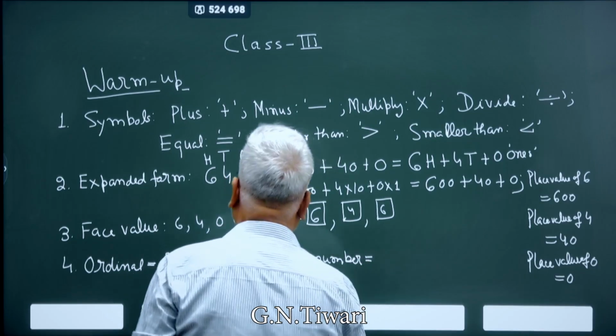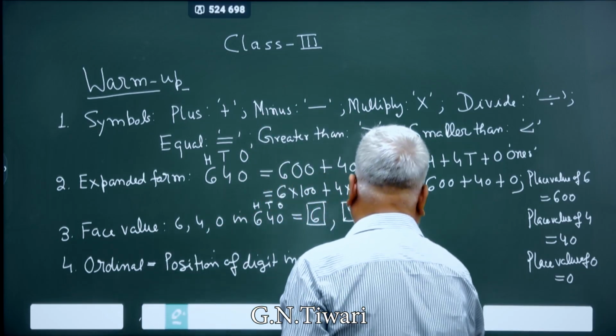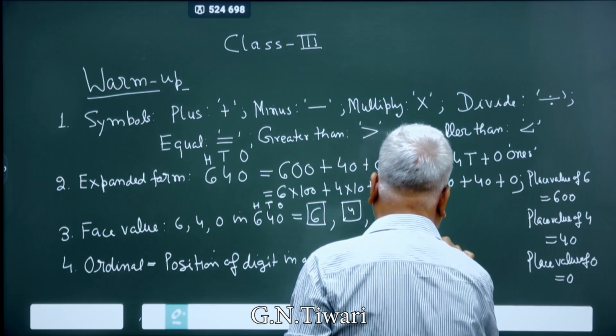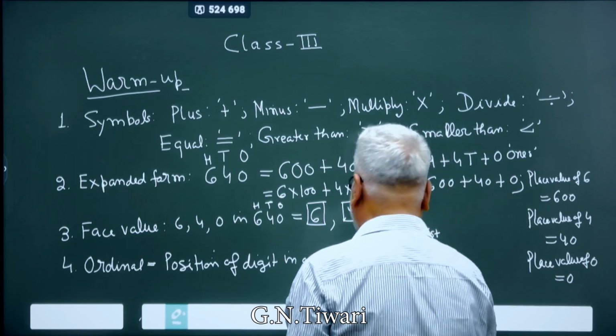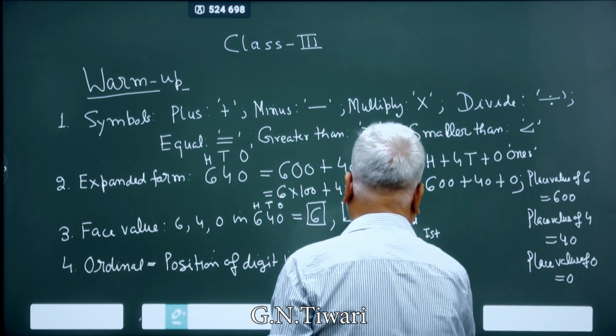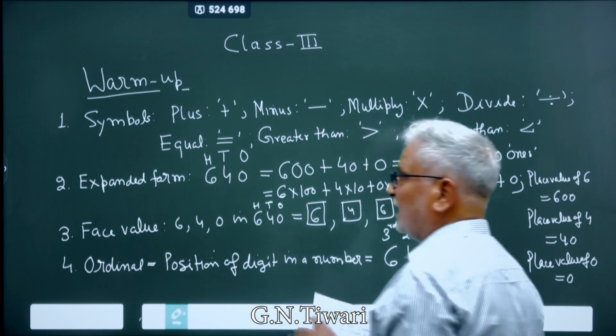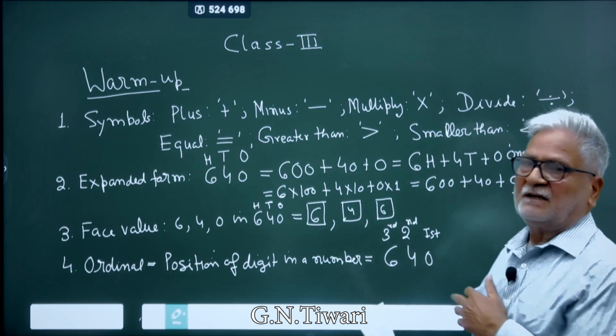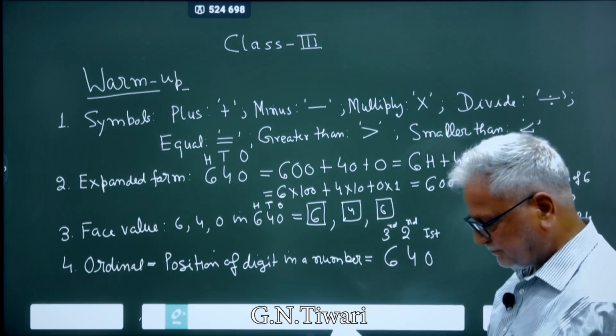Just say, here I am taking the example of 640. So this is the first digit. This is the second digit, and this is the third digit. That is very, very important if you are proceeding with math for class 3.